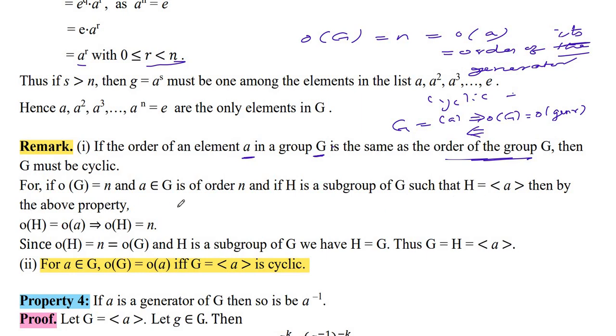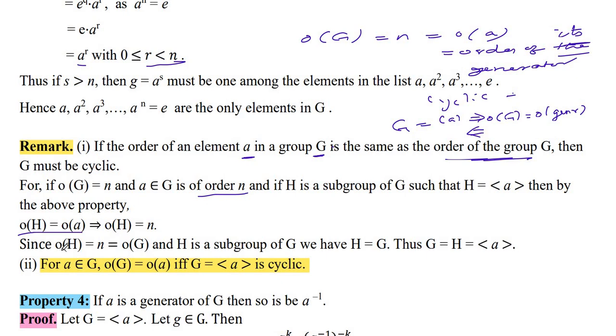By the above property, we must have order of H equal to order of A. Whenever G is generated by A, just now we proved that order of G is the same as the order of its generator. So here we have assumed H to be generated by A. So by the above result, we must have order of H to be order of A. But order of A is assumed to be n. So order of H is n.